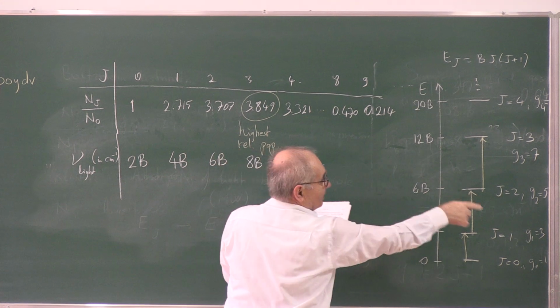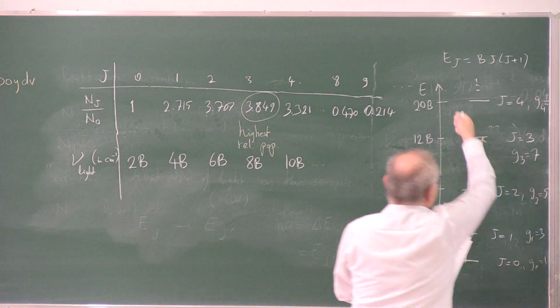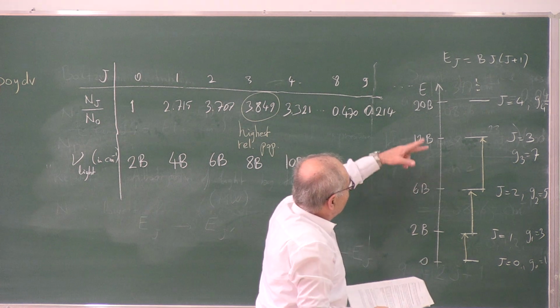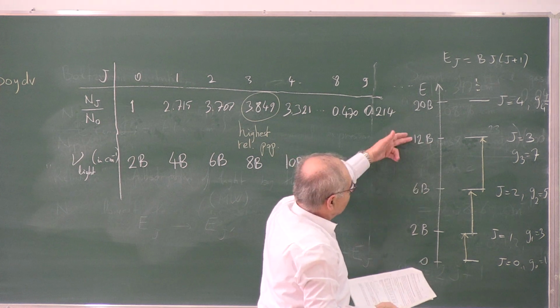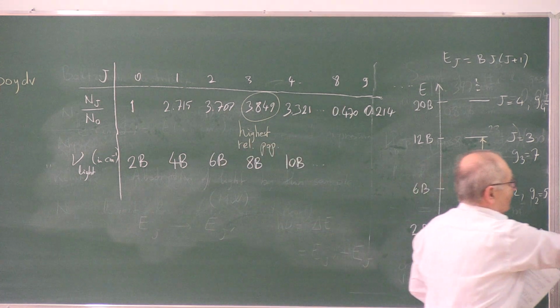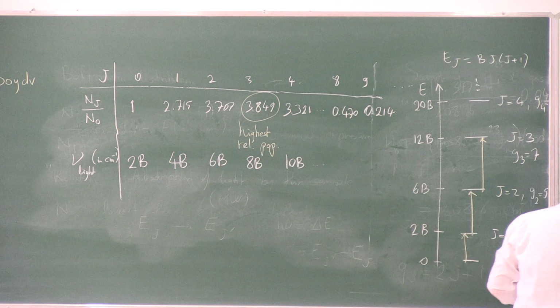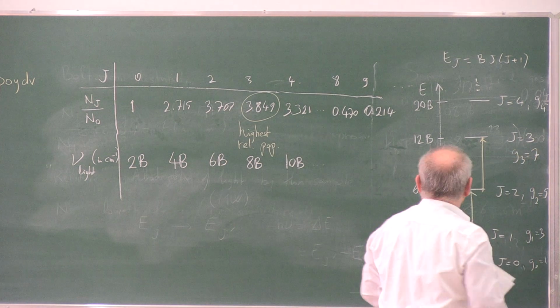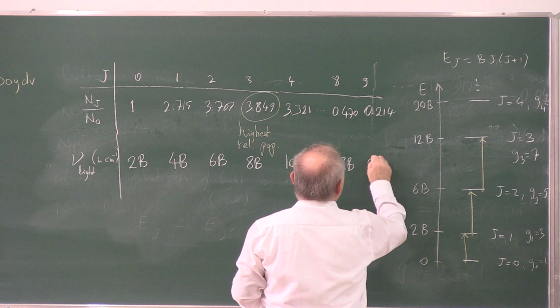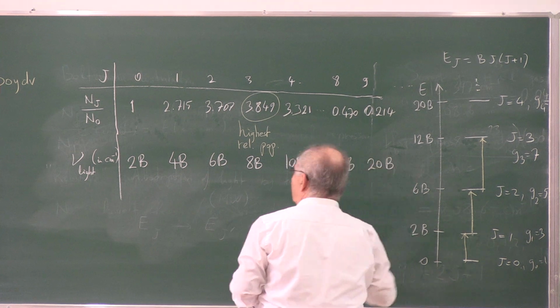and you can calculate using this expression or using the energy level diagram. Next energy minus the previous energy. For 8 plus 1 is 9, 2 times 9 is 18, and this is 20B.